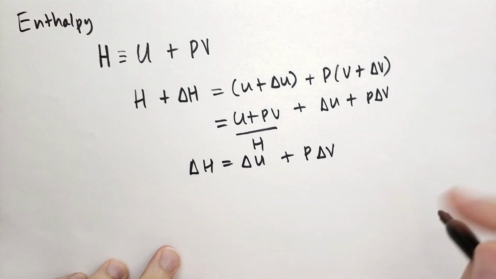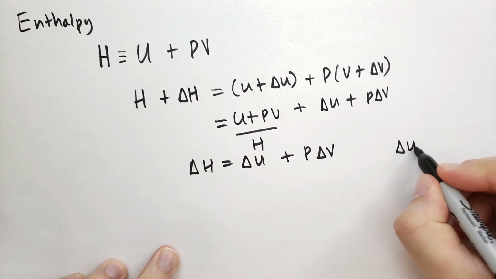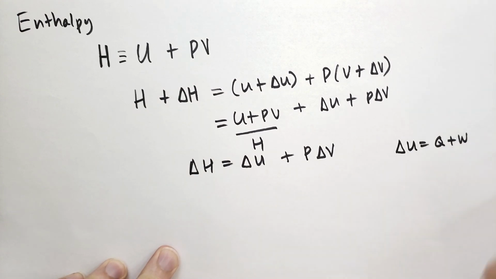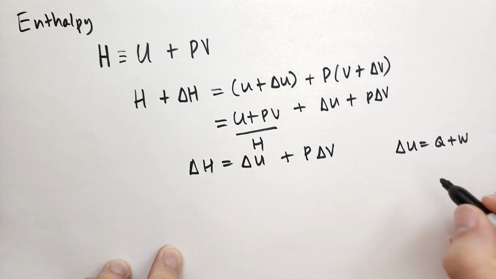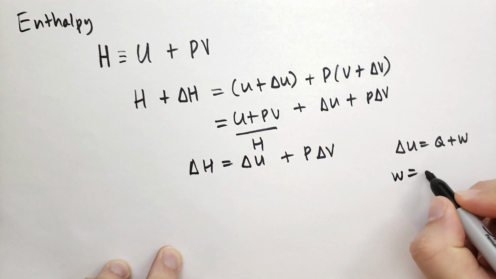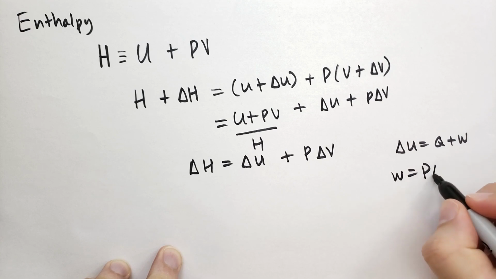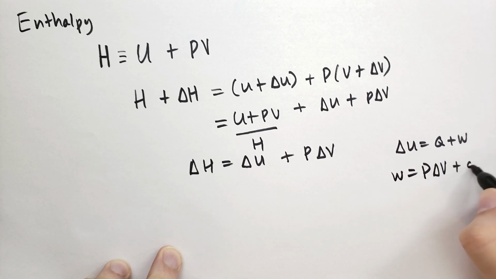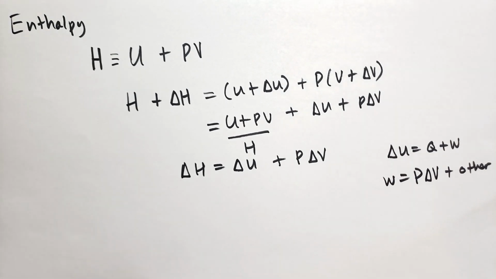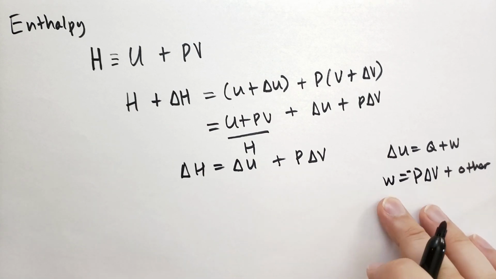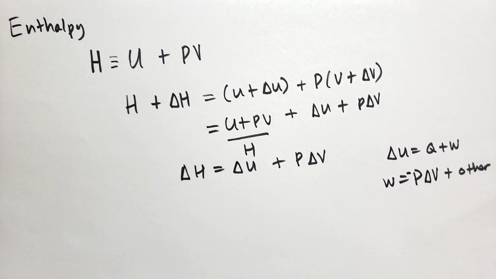Now keep in mind that according to the first law of thermodynamics, delta U is equal to Q plus W, okay? And what is the work? Well, the work is equal to our pressure times the change in volume plus any other type of work that might exist, okay? Of course, we have to remember that this is negative, because when the volume decreases, we're seeing work added to the system, but when the volume increases, we're seeing work removed from the system.